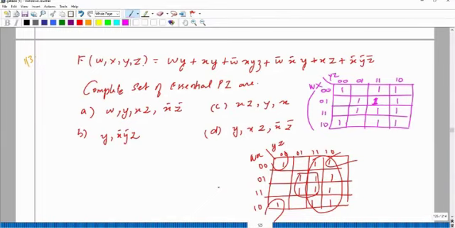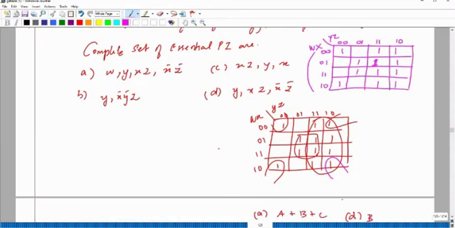Okay. So now I am going to group. How to group this one? So I can group these 8 ones. Then I can group these 4 ones. Then I can group these 4 corners, right? So these are my 3 essential prime implicants. So what are they?